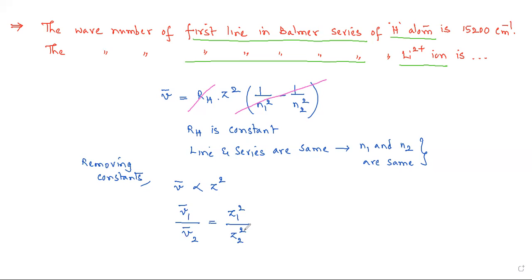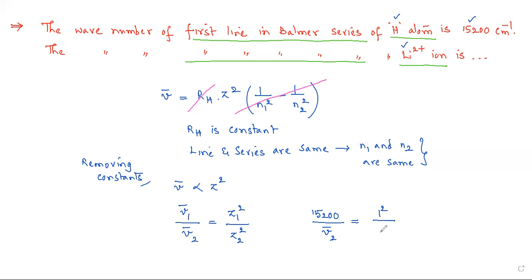Nu bar 1 in the first case, 15,200. Nu bar 2 is what we have to calculate. Then Z1 square. In case of the first one, Z is 1 because it is hydrogen atom. Z2 square.